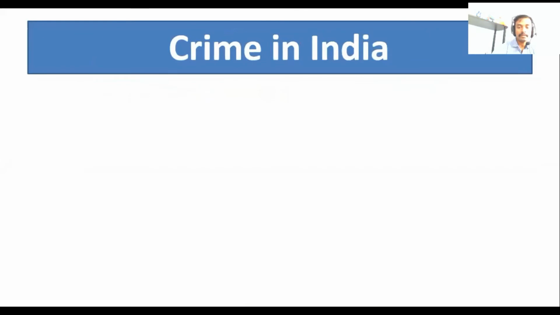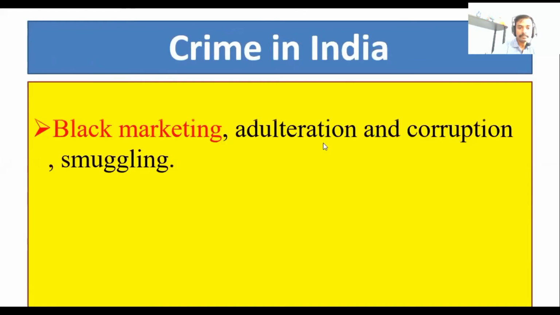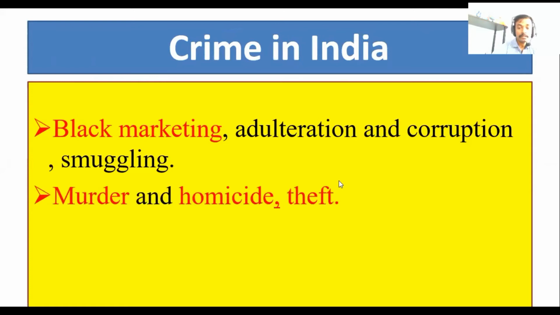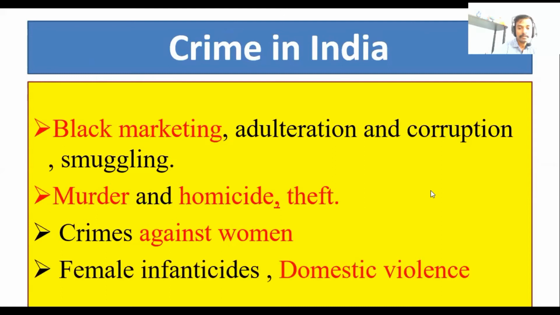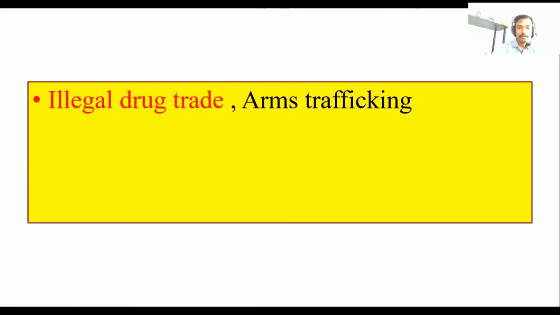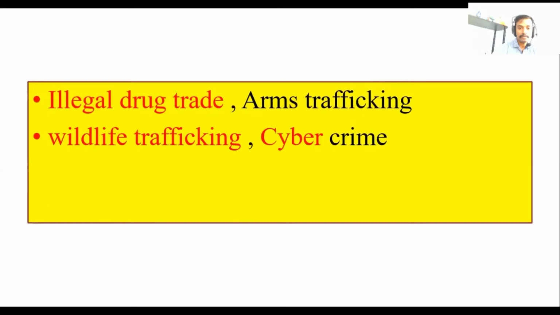Then crime in India: black marketing, adulteration and corruption, smuggling, murder, homicide, theft. Then crime against women, domestic violence, female infanticide, illegal drug trade, arms trafficking, wildlife trafficking.